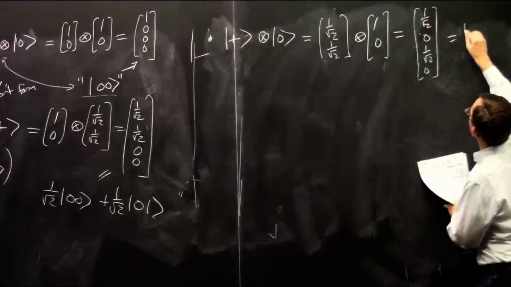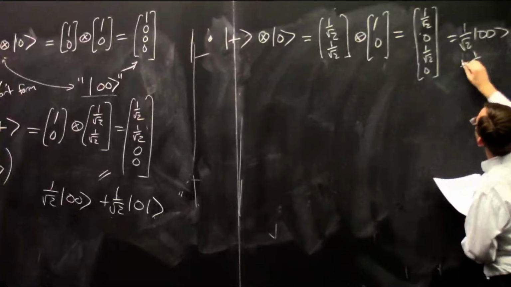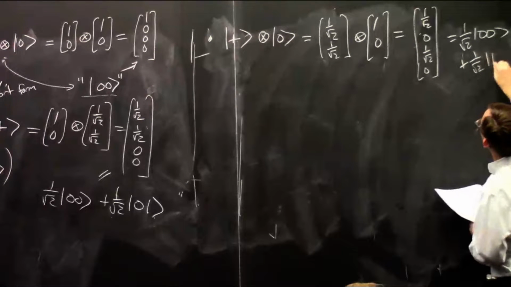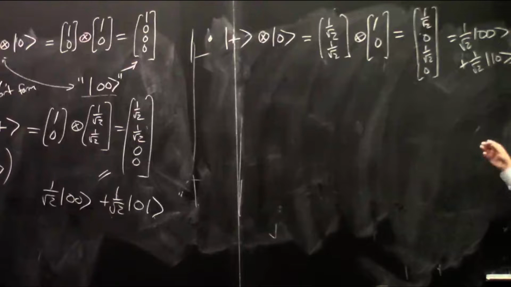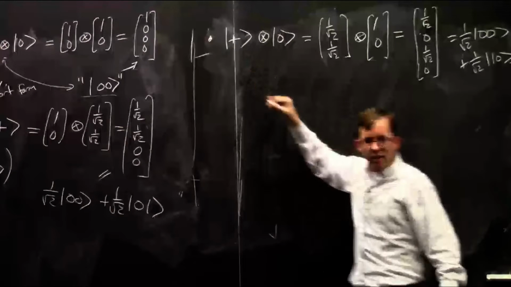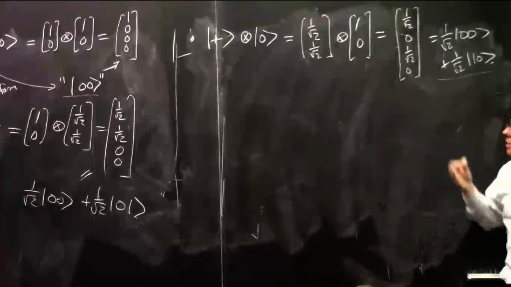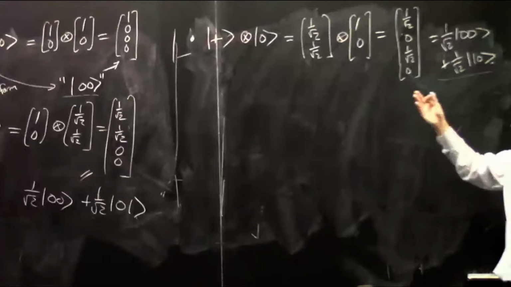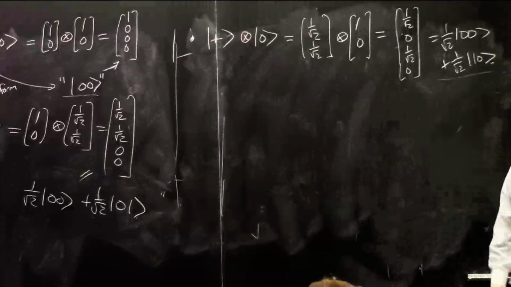Which can also be written 1 over root 2 ket 0, 0, plus 1 over root 2 ket 1, 0. So again, on one hand, it looks like the right thing happened, right? You basically took this plus state and then stuck a 0 at the end. That's exactly what happened here. And of course, I also bring this up to demonstrate to you that this is not a commutative operation. It matters the order you do it in.